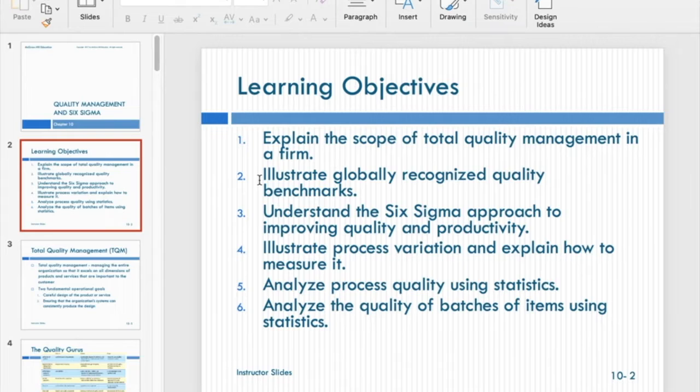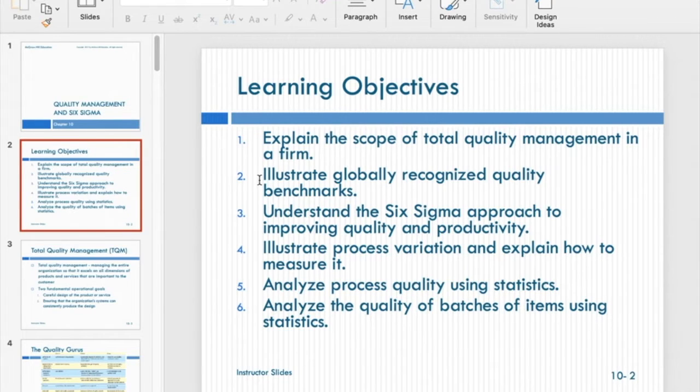All right. The second learning objective is to illustrate some globally recognized quality benchmarks. As most of you already know, we have ISO 14,000, ISO 26,000, ISO 9,000. These are very common international standards related to quality management. Every criterion actually has its own focus.